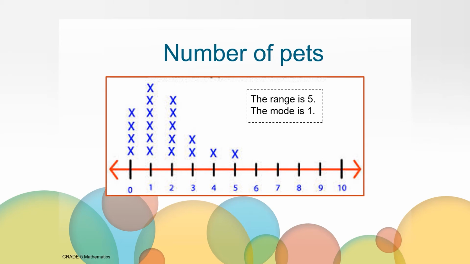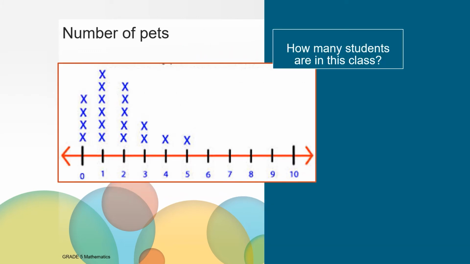What other information can you interpret from this data? If each X represents 1 student, then how many students are in this class?